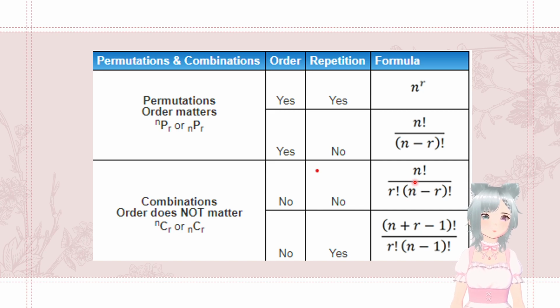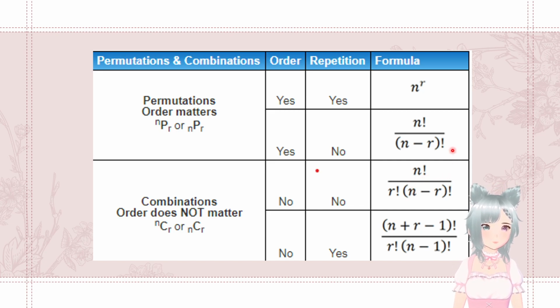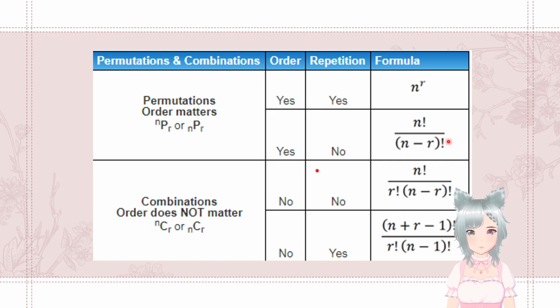And I want you to understand why we have a smaller number than with the permutation where we have no repetition, where order does matter.